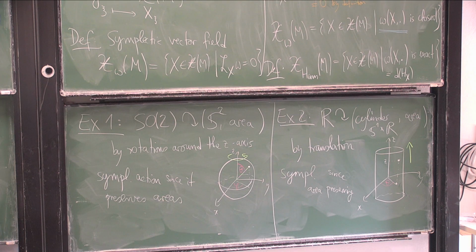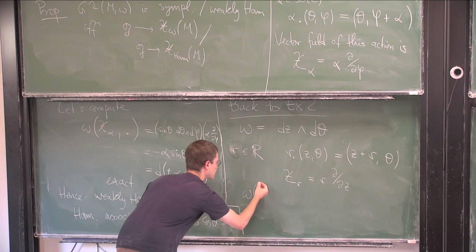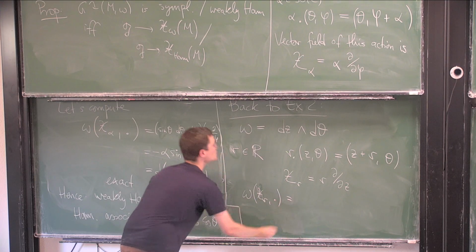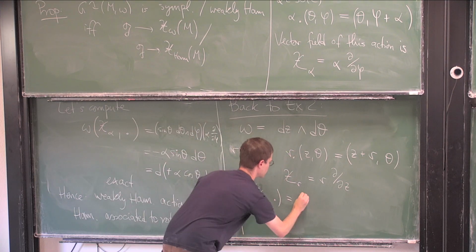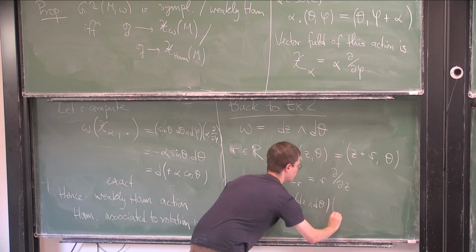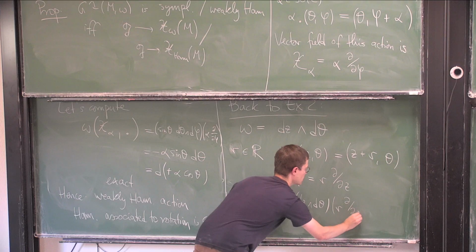Yes, it is exact. What should we compute? Omega applied to the vector field. So we should apply dz wedge d theta to this vector field r del z.